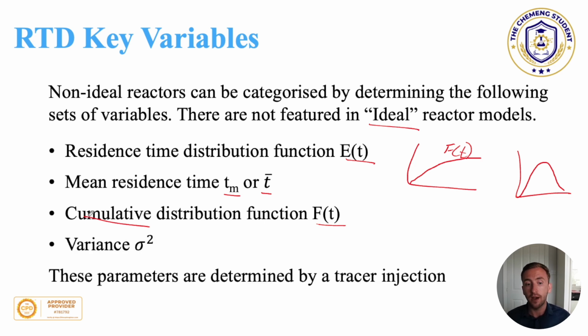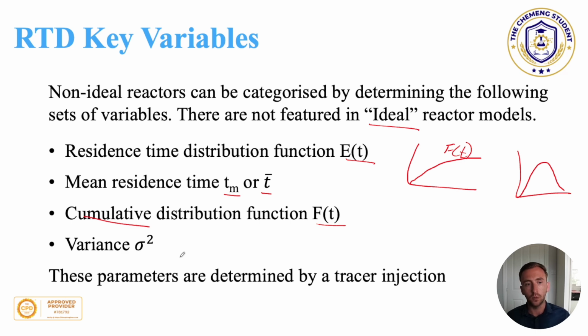And then finally we have the variance. Now the variance is very, very important, because what that will allow us to categorize is the subtle changes in the fluid elements as we progress through per unit time.